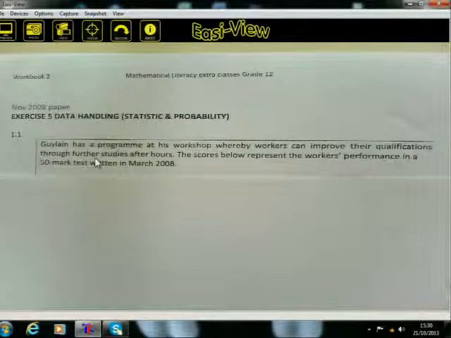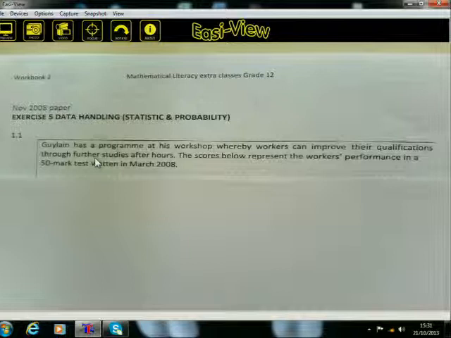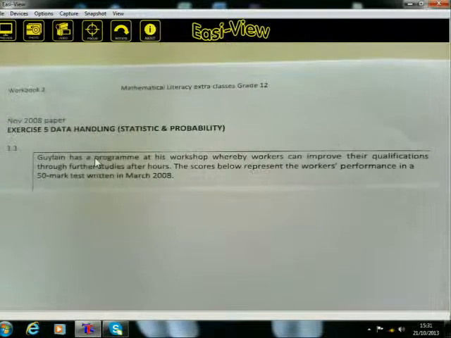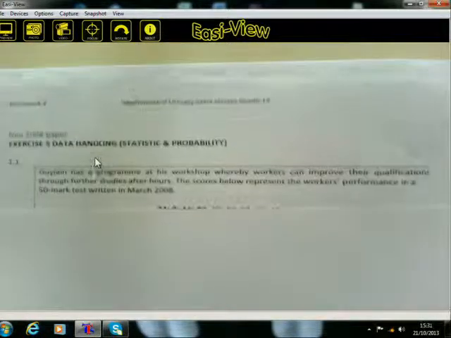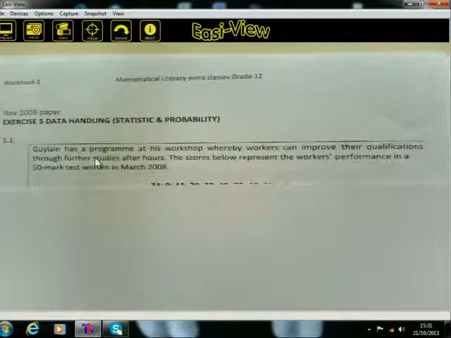So in front of us, we have different questions based on data handling. First of all, we are going to tackle those questions. As you know, each question is numbered. So we are going to read the first scenario, 1.1.